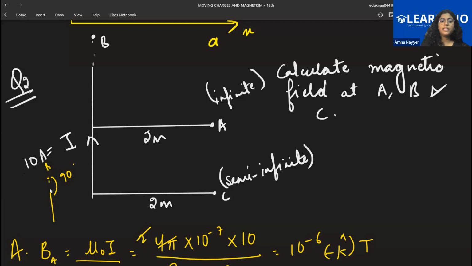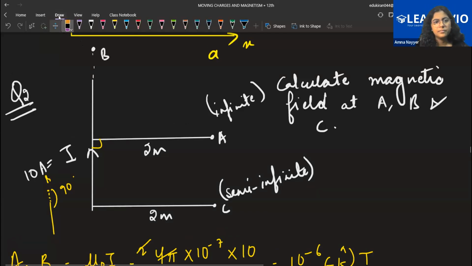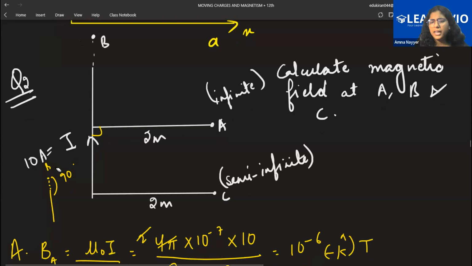B point is on the axis. You have done electric field on the axial line and equatorial line, you know the difference. When it is the equatorial line, it is at 90 degrees. How come B point is at 90 degrees? 180 degrees, 0 degree, these should have been the answer.